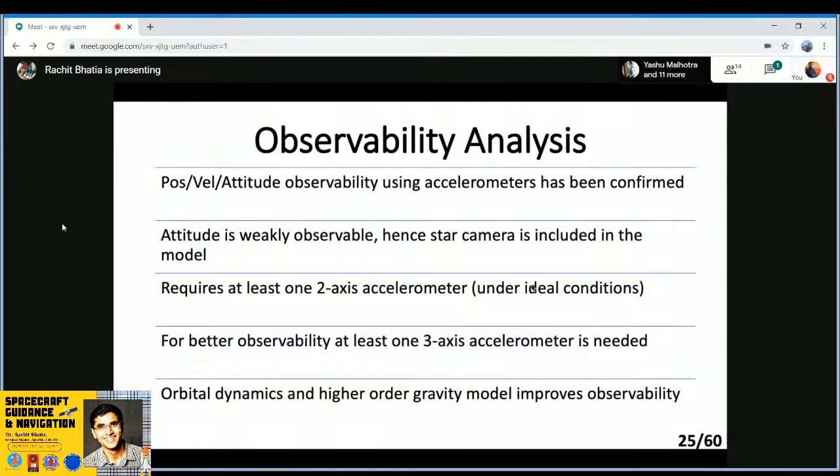Regarding attitude, we realized that it is weakly observable, so we decided to add a star camera, which gives you the orientation of the spacecraft, another sensor. And as we noted, orbital dynamics and higher order gravity model improve the observability.